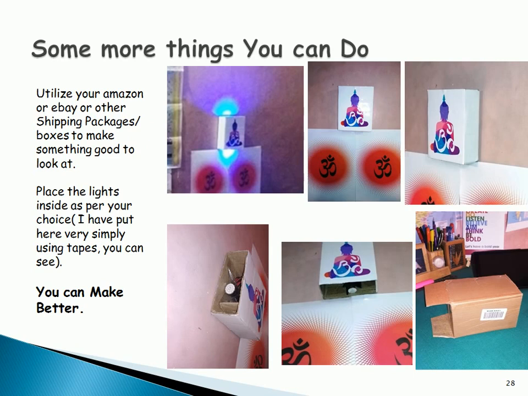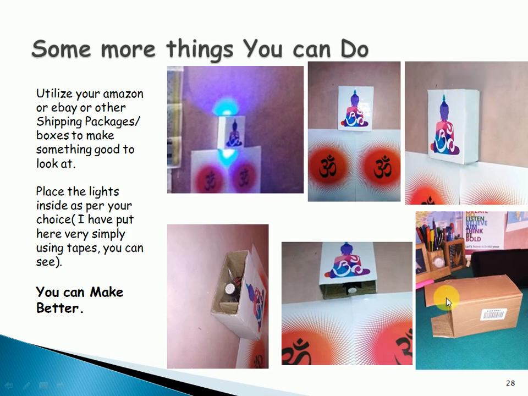Now I have provided some more things you can do. You can see this blue one, I have used 22 SMD LEDs. There are two lights here, one on the upper side and one on the bottom side. And the box, the package, I got from my Amazon or eBay order, and I have utilized it.